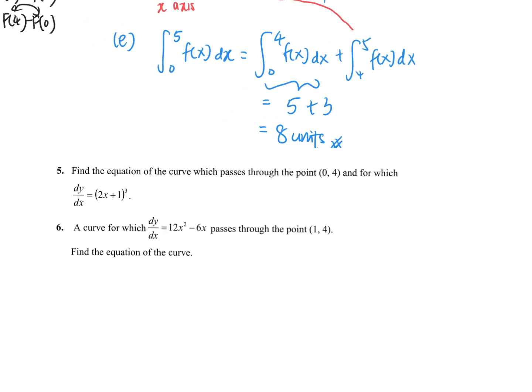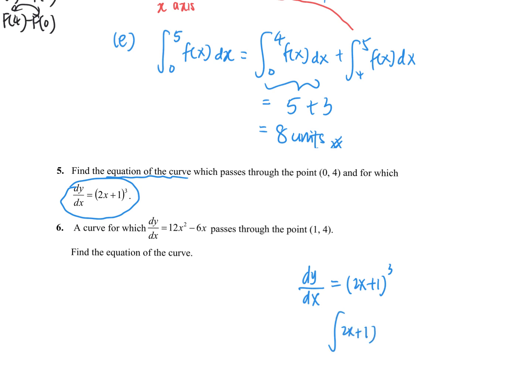11 to 19. Okay, let's look at 5. Find the equation of the curve which passes through 0, 4, for which dy/dx is this. So remember, they want you to find back your y, the equation of the original curve. Okay. So now when they give you this, all you need to do is to integrate this.